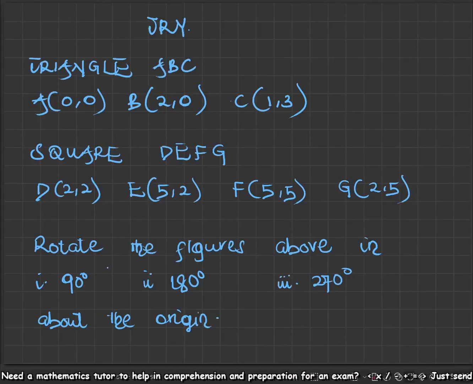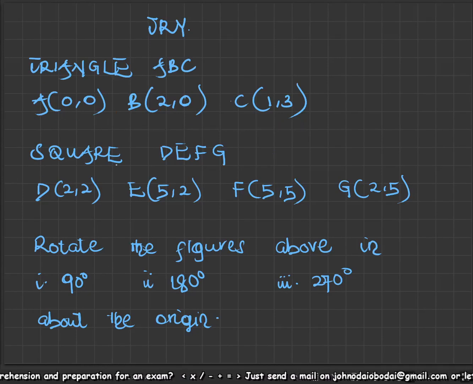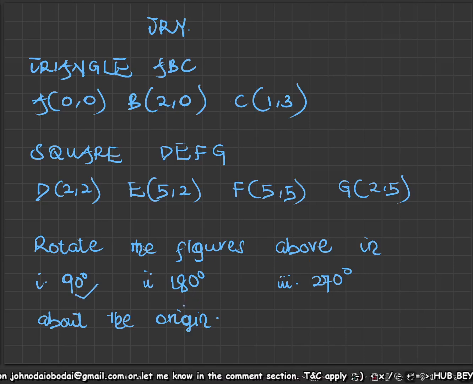So you have a try work here. Now you have triangle ABC with all these as its coordinates, and then square EFG with these as the coordinates. Now rotate the figures above in 90 degrees, in 180 degrees, and then also in 270 degrees.